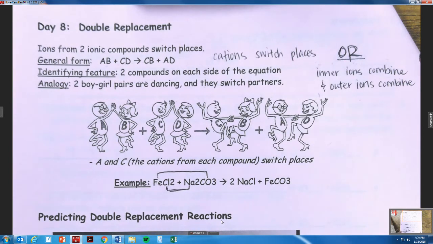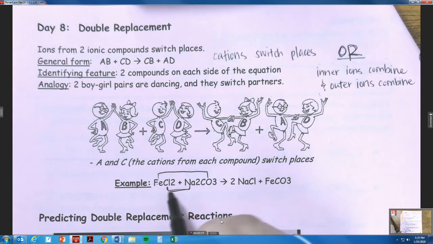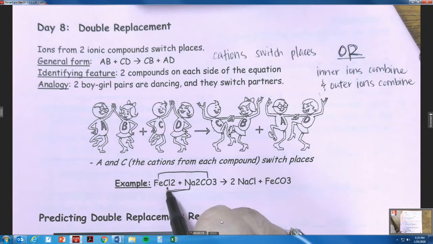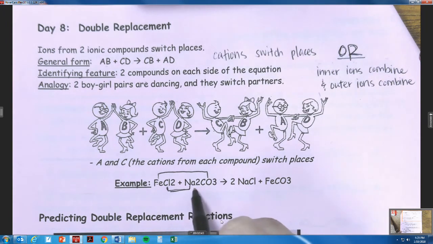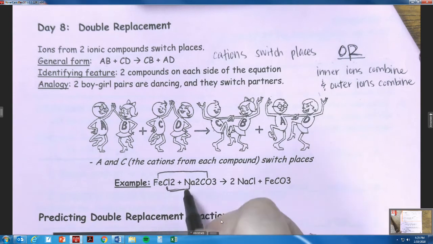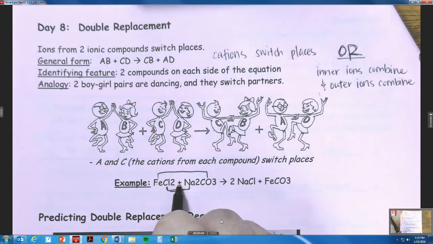If you look at it chemically, I like to actually write down the path of where they're going. So we have iron chloride plus sodium carbonate. Again, your inner ions are the ones closest to your plus sign.